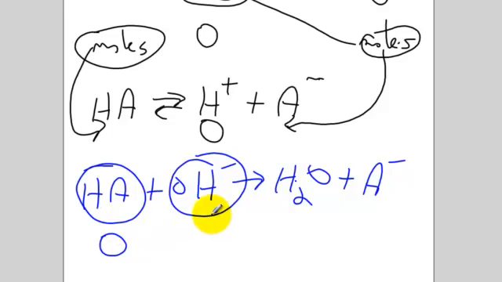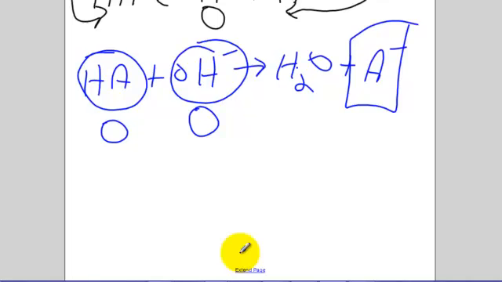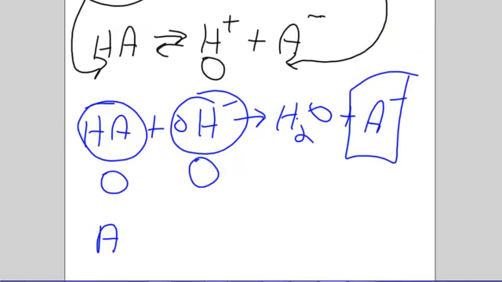I have none of this and none of this after the reaction is done. I have only A minus in the beaker, which means when I write the icebox, I can't write HA in equilibrium with H plus A minus. I don't have that in the beaker anymore.